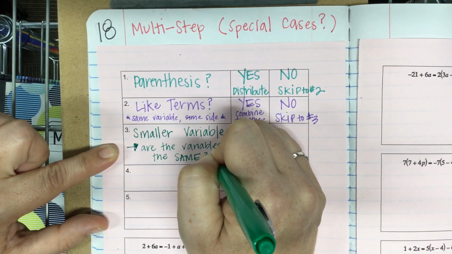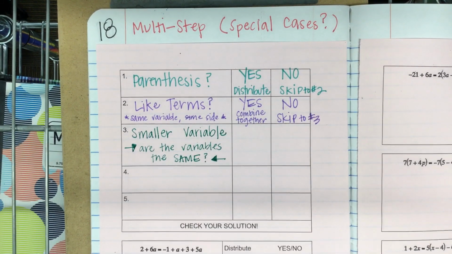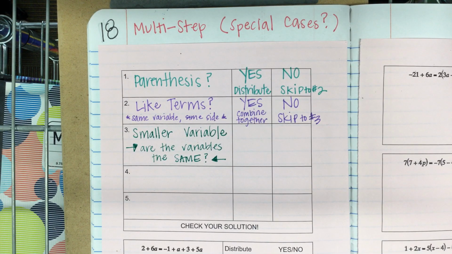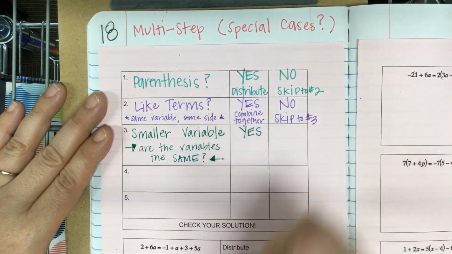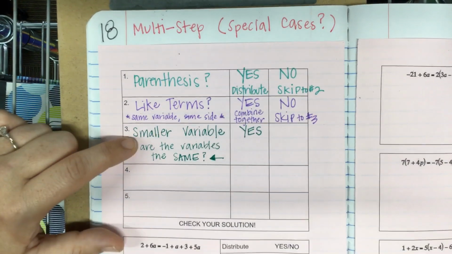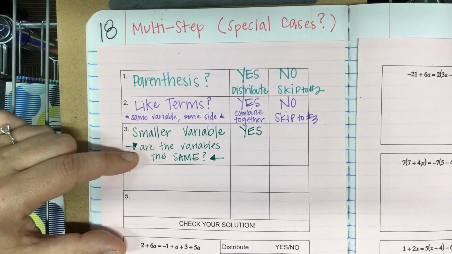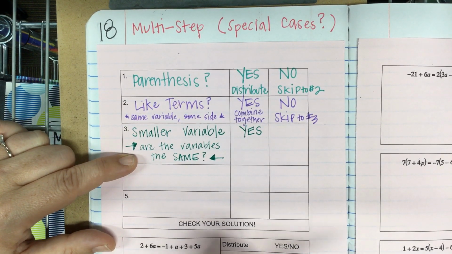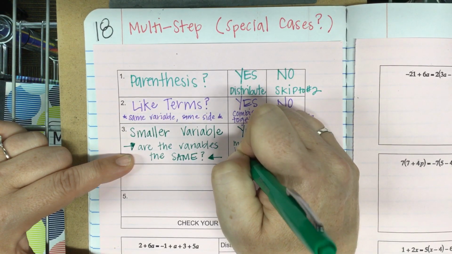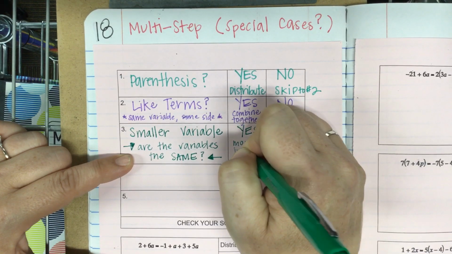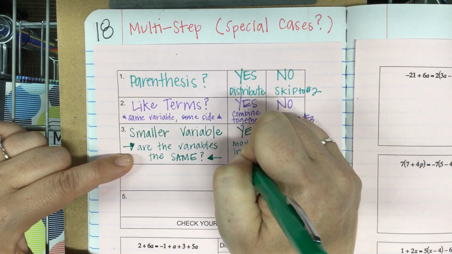you can also add in, are the variables the same? Because if there's a smaller variable, or the variables are the same, yes, there is a smaller variable, or yes, the variables are the same, we move with inverse, add or subtract.